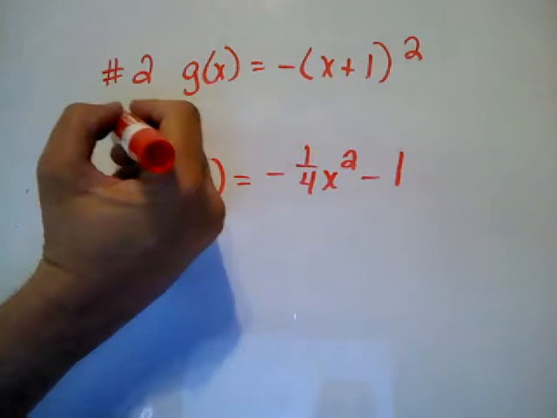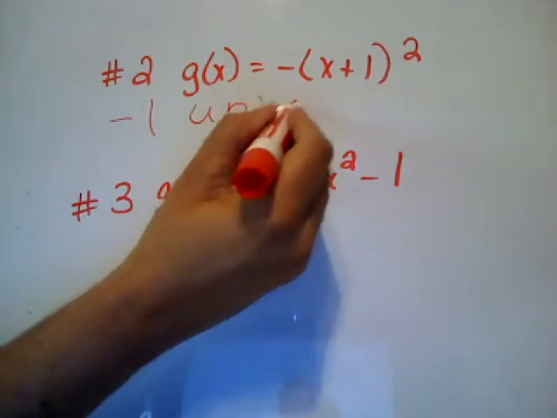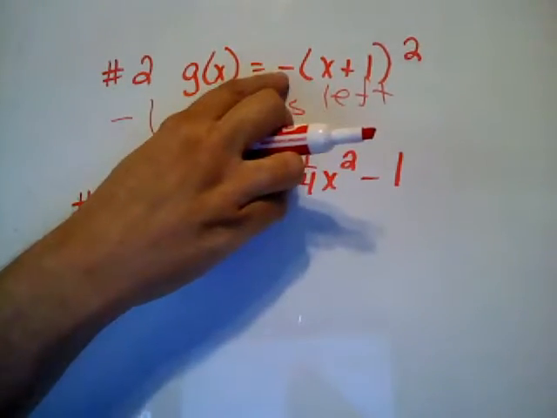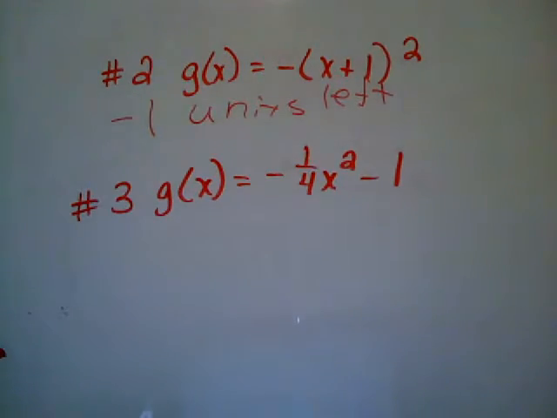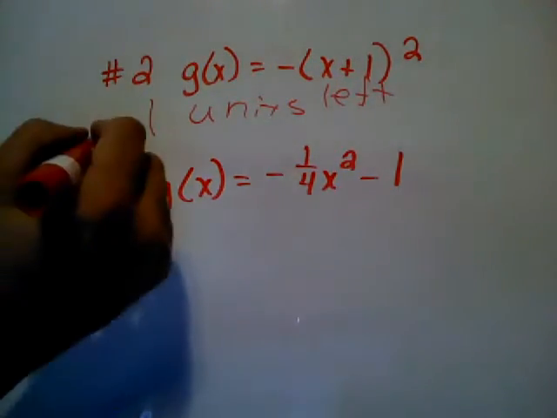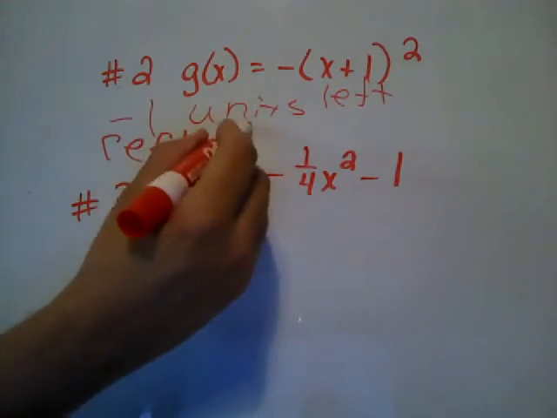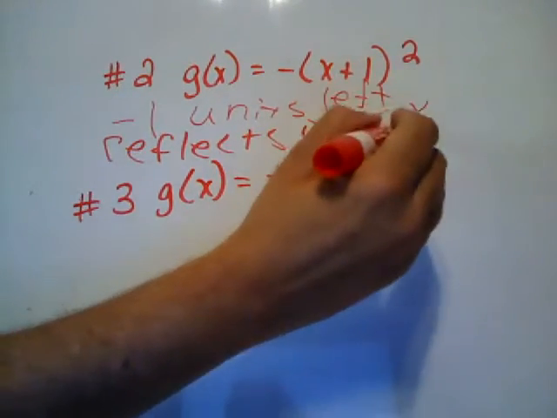So we're going to go negative 1 units left. And we're also going to flip across the x-axis. Alright? Instead of the word flip, let's use reflect. It reflects over the x-axis.